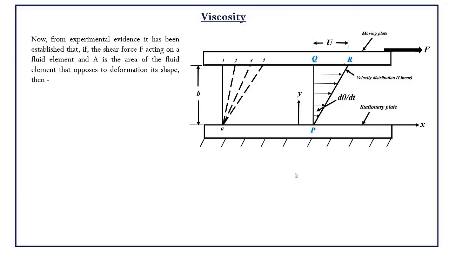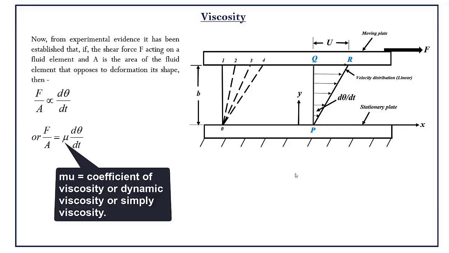Now, from experimental evidence, it has been established that if F is the shear force acting on a fluid element and A is the area of the fluid element that opposes the deformation in shape, then we can write F by A is directly proportional to d theta by dt, or F by A is equal to mu into d theta by dt, where mu is equal to the coefficient of viscosity or dynamic viscosity or simply viscosity.